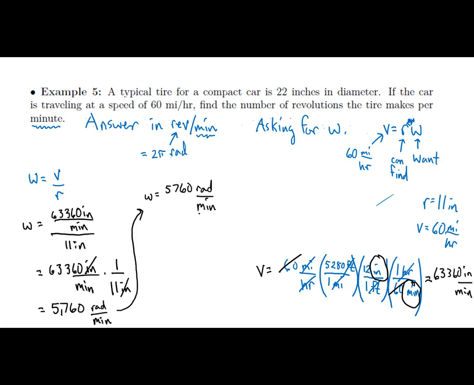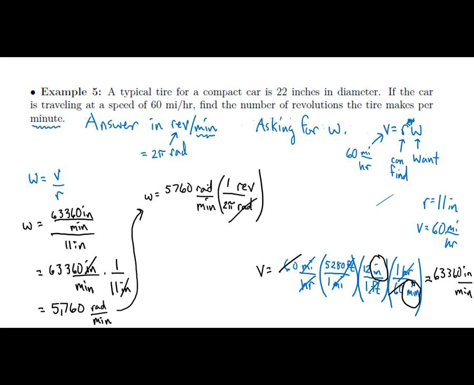What I can do is get this into revolutions per minute, just like I converted my miles per hour into inches per minute. I can use a unit conversion factor. I've got radians that I want to cancel out, even though it's not technically a unit, and I want revolutions to appear on top. So let's think about 1 revolution is equal to 2 pi radians.